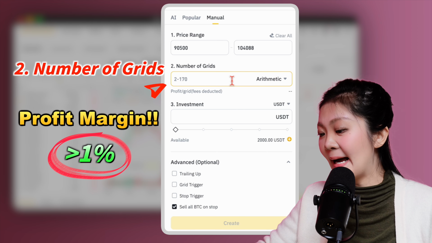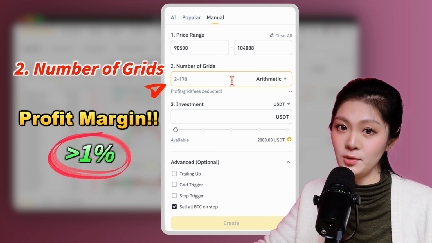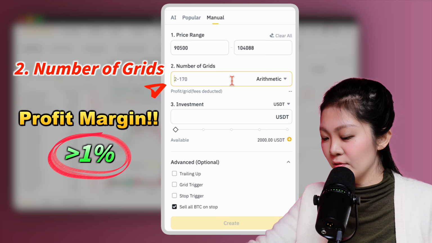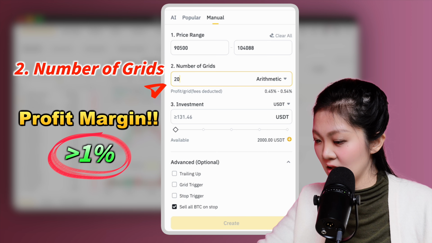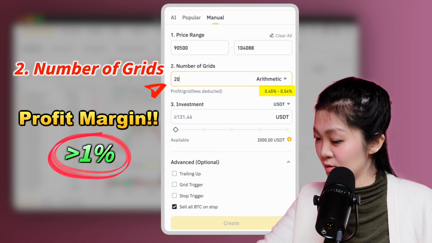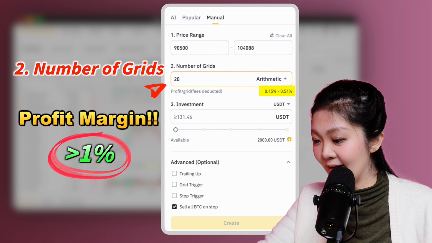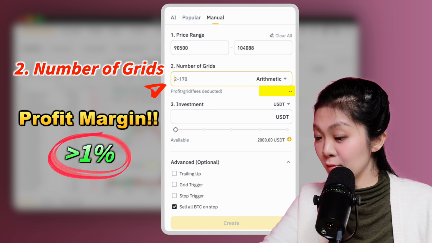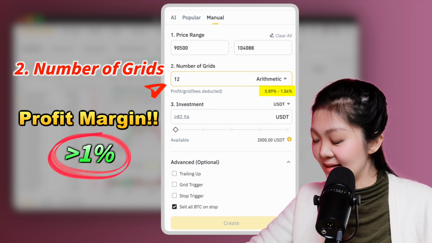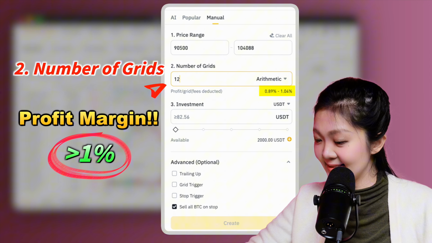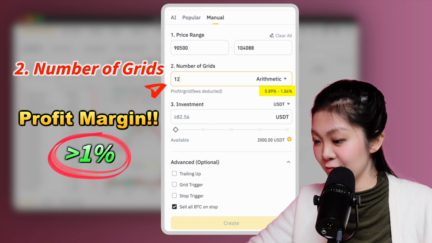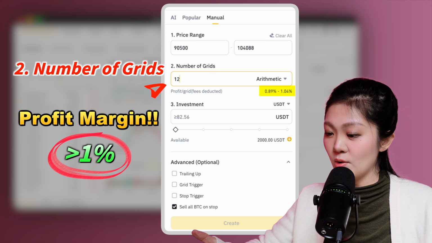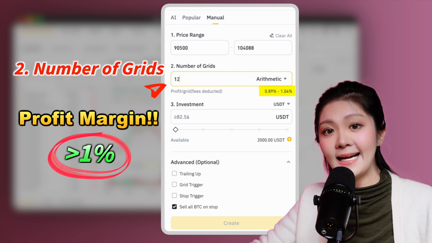This strikes a good balance between profitability and trading activity. So I will try 20. Oh, the profit is between 0.45 to 0.54. It's a little bit low. Let's try 12. Okay, now it's between 0.89 to 1.04. Suitable. So the second number of grids is settled.